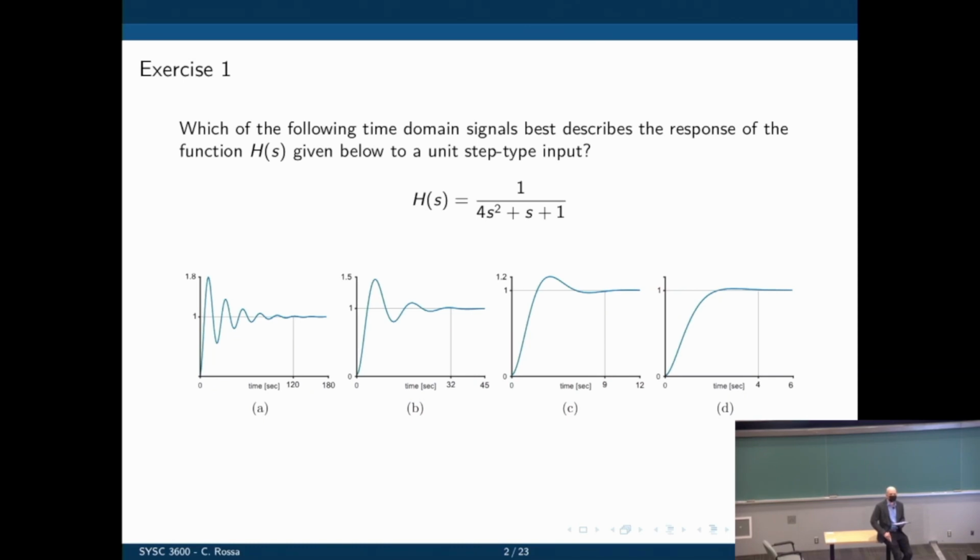Right. So you're trying to say the settling time between the four functions is different. Very good. The settling time is different.